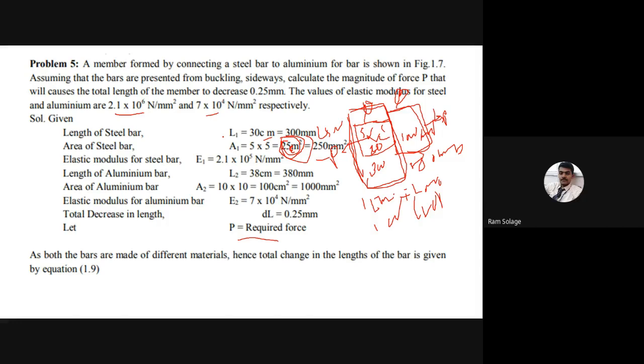What is the answer? Tell me the answer. What is the value of force P required for deformation? 41.66 kilonewton.